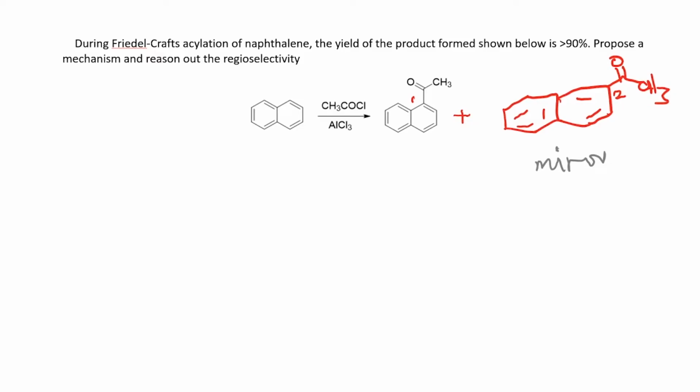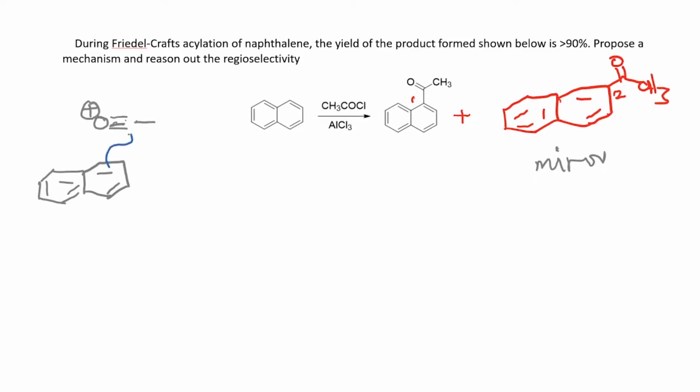Okay, so the way we would explain this is, let's look at the intermediate that is produced upon reaction with naphthalene. So if I draw out naphthalene like this, okay, and we know that the reaction happens with the acylium ion as shown here.